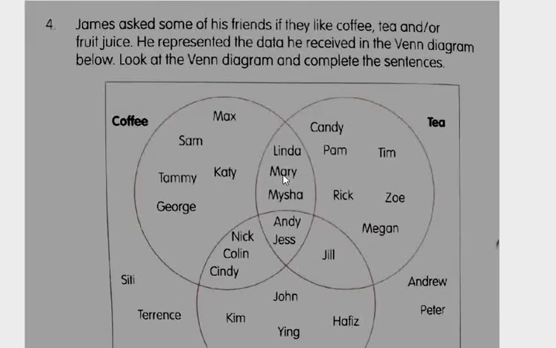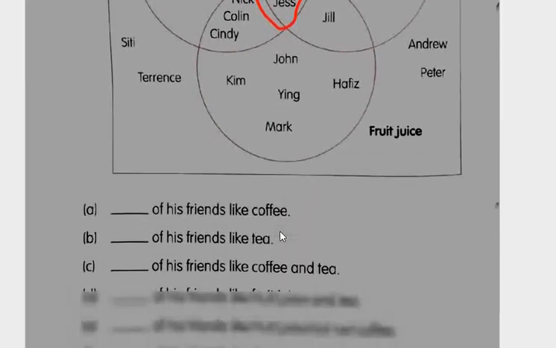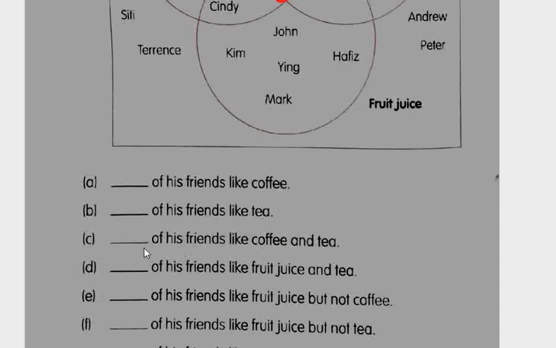Look at the combined part of coffee and tea. This is the combined part of the first and the second circle. So how many names are there in the combined part here? 1, 2, 3, 4, 5. So that is the number of his friends who like coffee and tea.